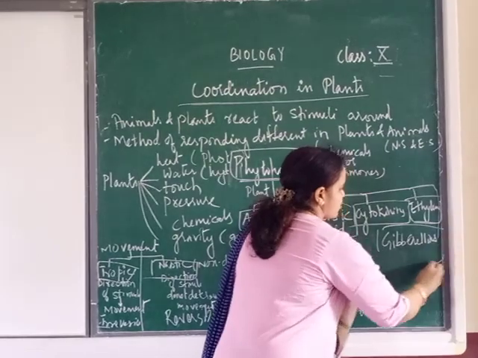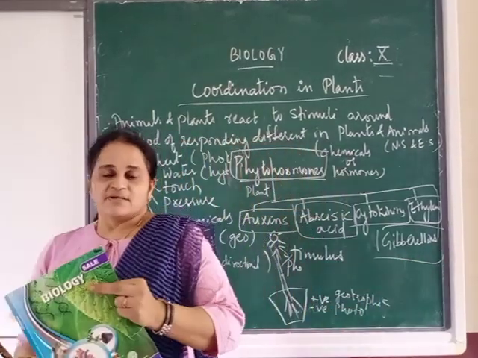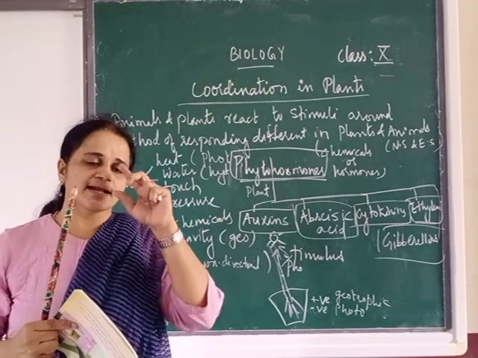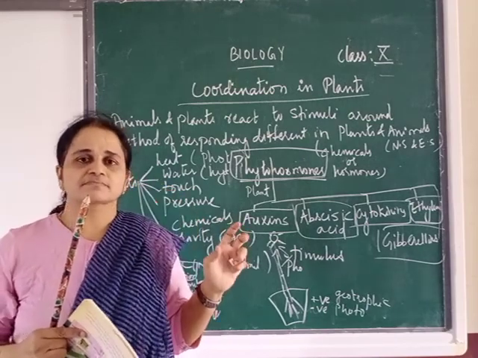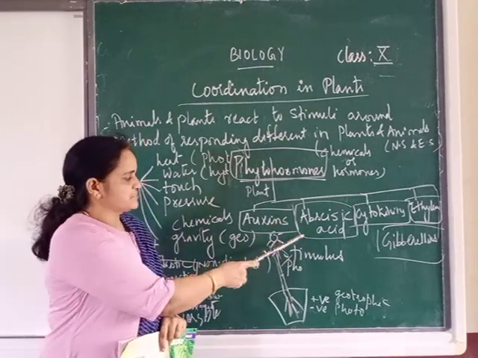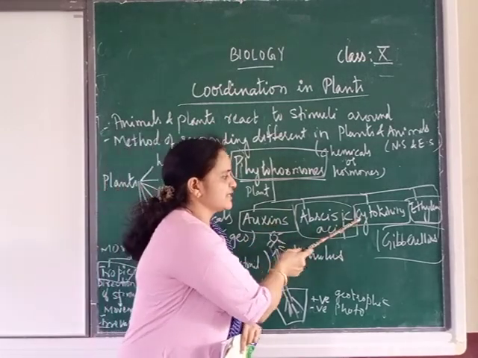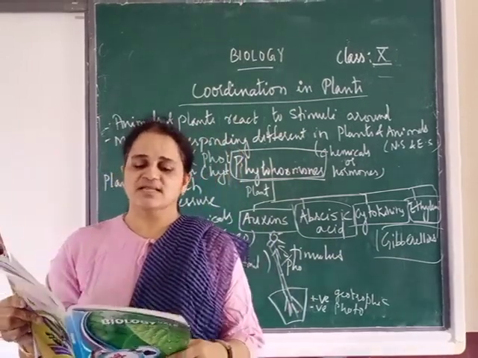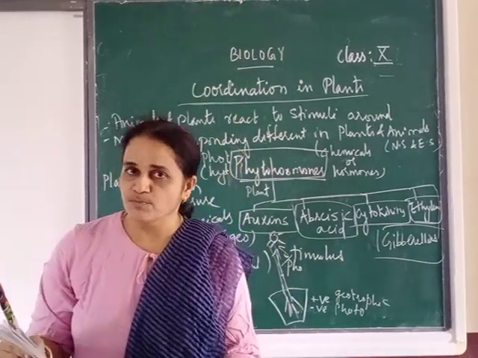Gibberellins. See, these are all new names. When it is a new name, you should learn the correct pronunciation and correct spelling. So once again, repeat: auxins, abscisic acid, cytokinins, ethylene and gibberellins. So these are the 5 phytohormones.